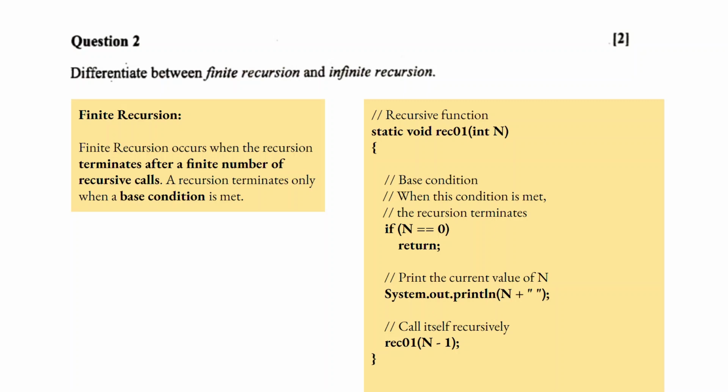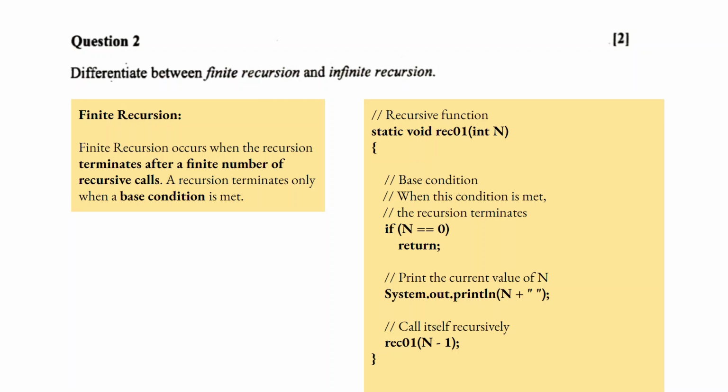The correct answer is 5, 4, 3, 2, 1. Every time the number is reduced by 1. If the initial value is 5, then the output is 5 space 4 space 3 space 2 space 1. But in different lines, because instead of using print, we used println, so it will print the number every time in a new line.